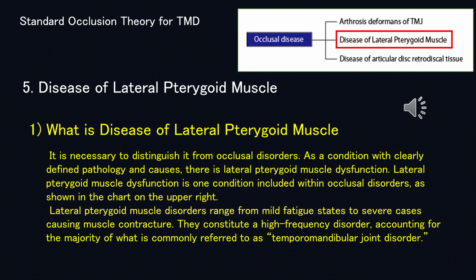Lateral pterygoid muscle dysfunction is one condition included within occlusal disorders, as shown in the chart on the upper right. Lateral pterygoid muscle disorders range from mild fatigue states to severe cases causing muscle contracture. They constitute a high-frequency disorder, accounting for the majority of what is commonly referred to as temporomandibular joint disorder.